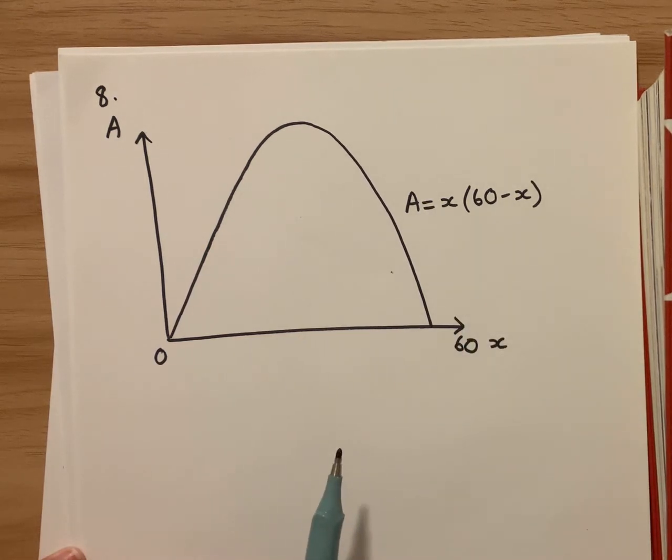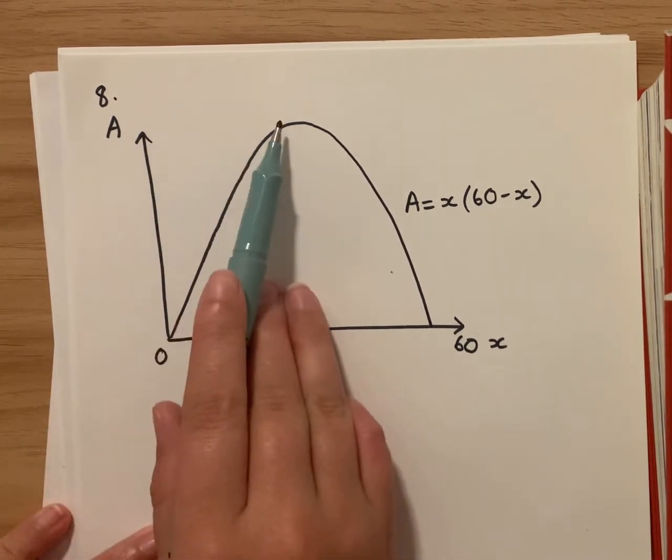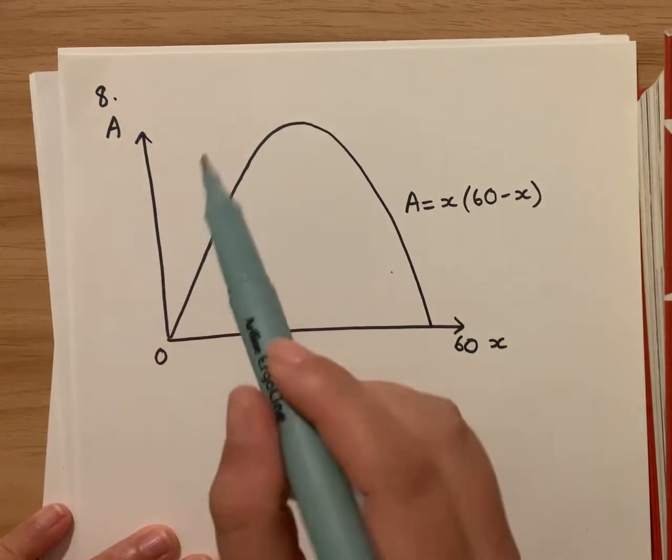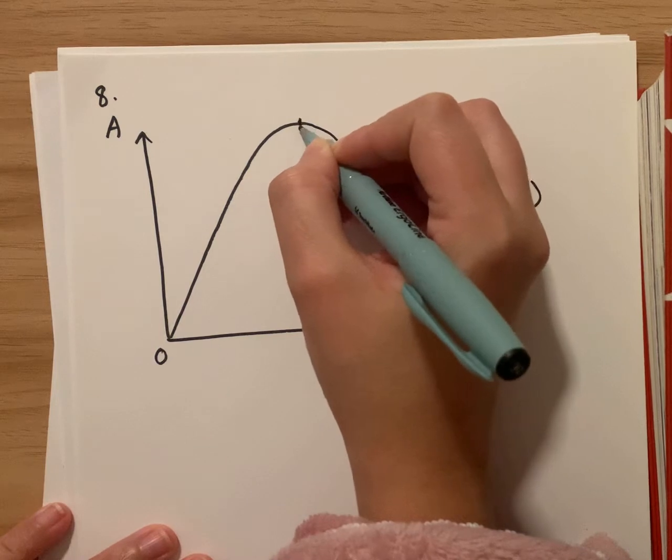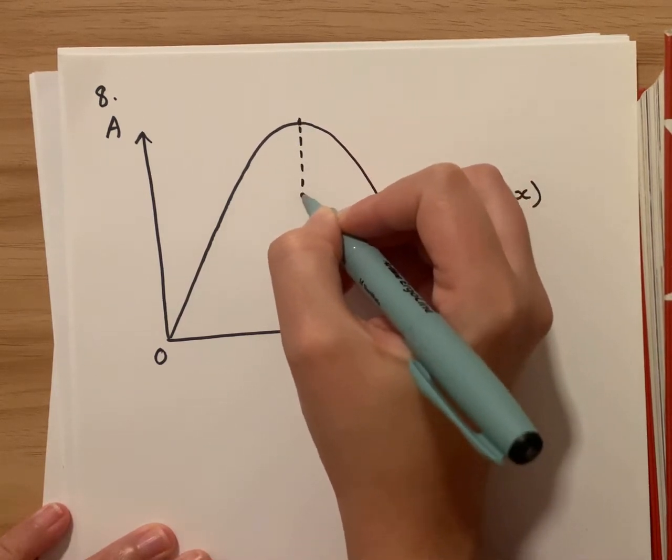Now, the question is, what is the maximum area in square meters of the farm? So the maximum area is obviously going to be the highest point on the parabola, which is up here. And what we know about parabolas is that they are symmetrical.